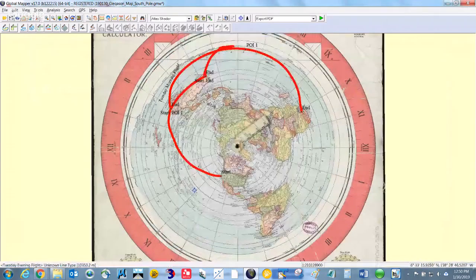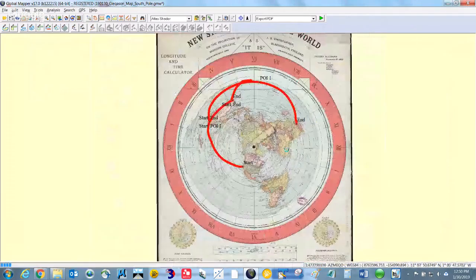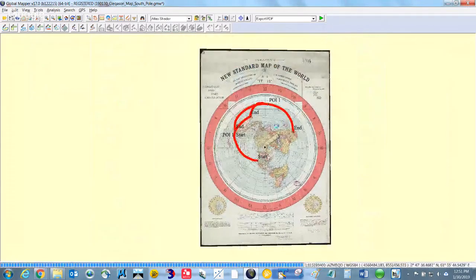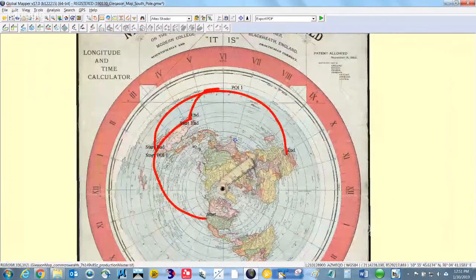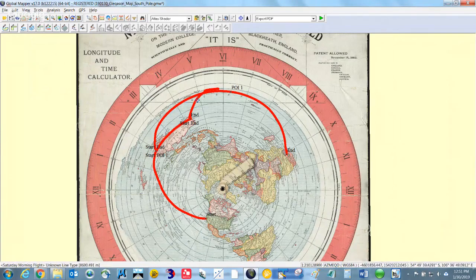So here's what it looks like on the view that everyone's accustomed to looking at. And this is very telling. This should help people get it. Why they have a problem when they stick a ruler and measure a straight line like this. You've got to realize that means you're like boring a tunnel through the earth. You see what I'm saying? The actual route is like this on this 2D map.